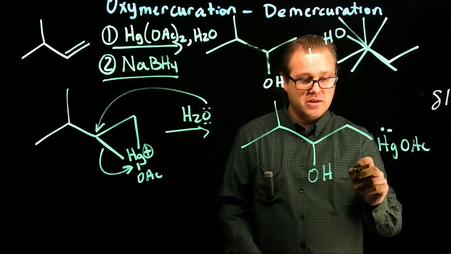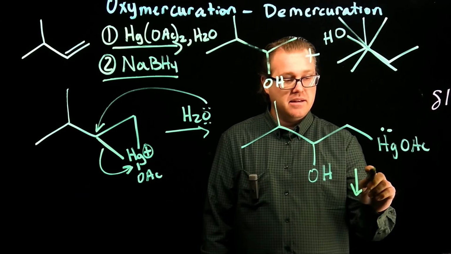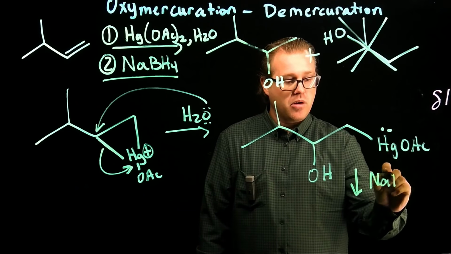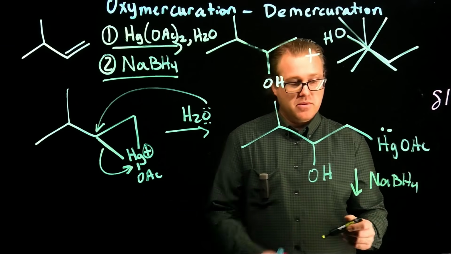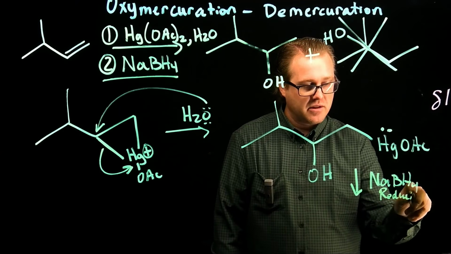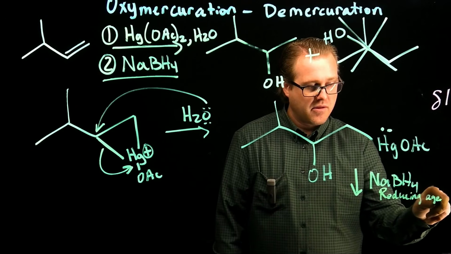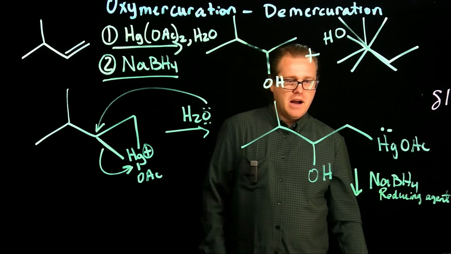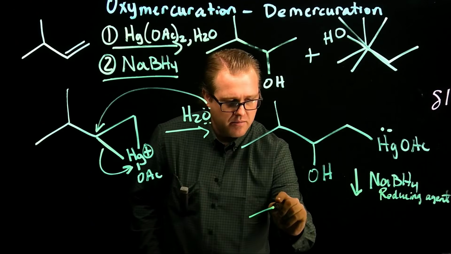And the end result is when you react this species with sodium borohydride, and sodium borohydride is what's called a reducing agent. Okay? Sodium borohydride is going to reduce our compound here.